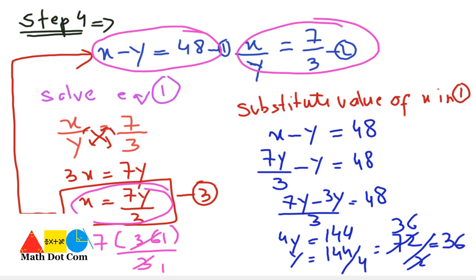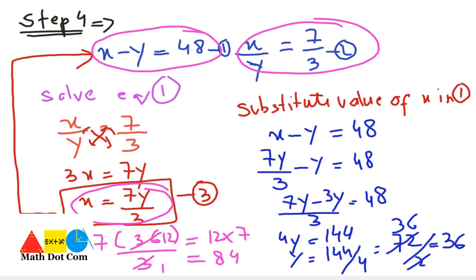So 12 into 7 equals 84. So x is equal to 84.